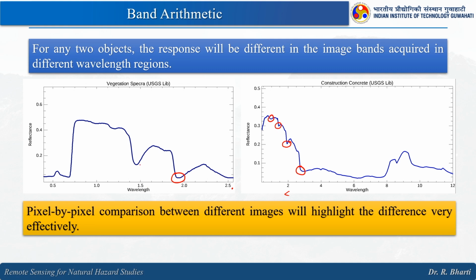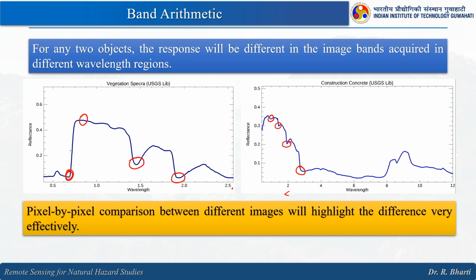Here you have 1, 2 and 3, very characteristic. Now, when we talk about band arithmetic, we also try to keep the highly reflecting areas in mind. If you consider this vegetation spectrum, this is one absorption feature, this is one peak, right.